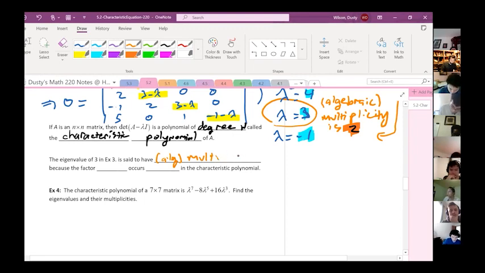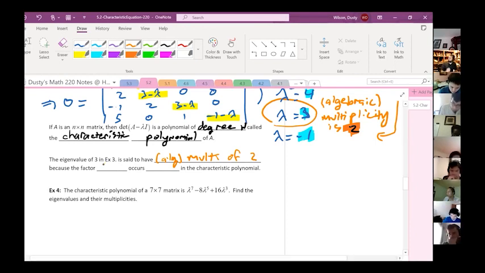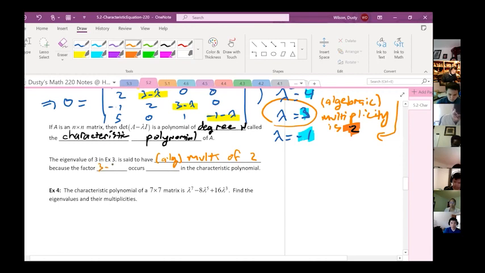Algebraic multiplicity 2, because the factor of lambda minus 3, actually 3 minus lambda, occurs twice.